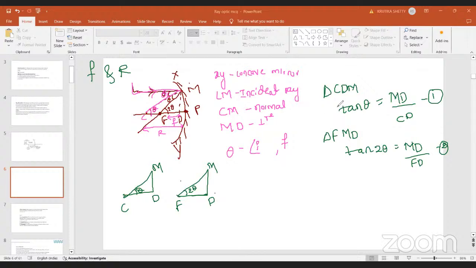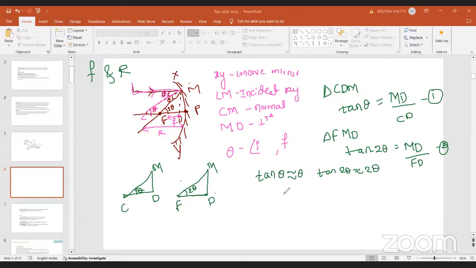From these two triangles, we have written MD by CD and MD by FD. Whatever angles we see in the figure are very small angles. So tan theta is nearly equal to theta, and tan 2 theta is nearly equal to 2 theta, because those are very small angles.